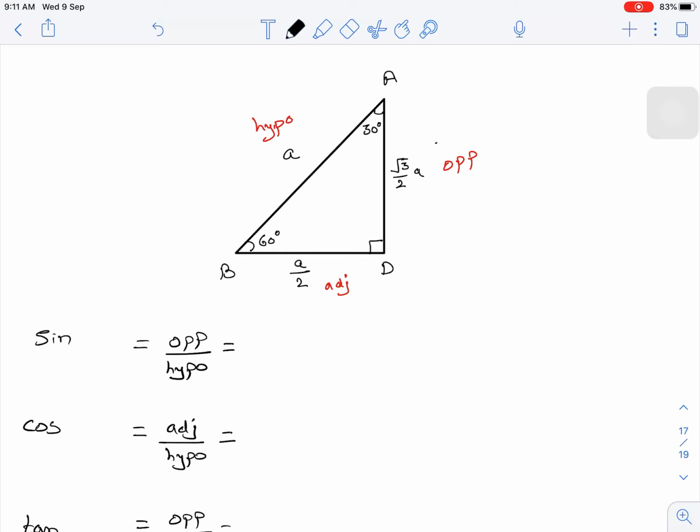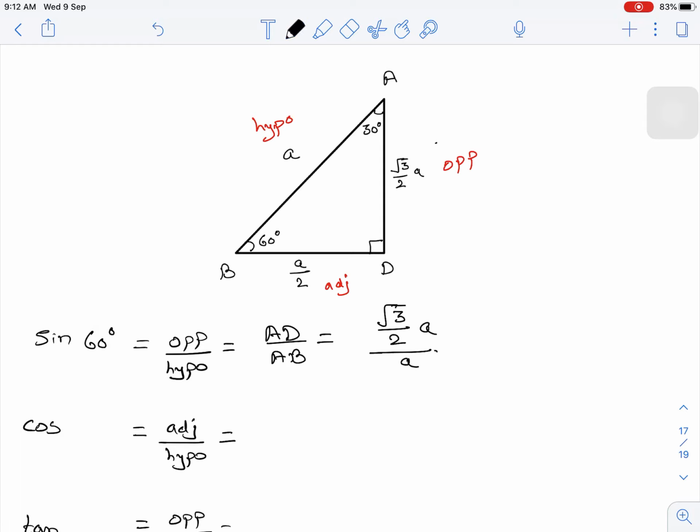So we can write now here that sine 60 degree equals opposite upon hypotenuse. Now which side is opposite? That is AD upon AB. So that equals AD upon AB, now what is the value of AD? It is root 3 upon 2a. So we will write here root 3 upon 2a upon, here simply we have a.